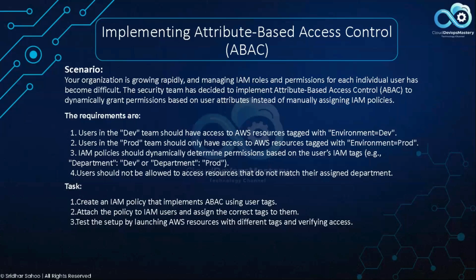But if it is a mid-range or enterprise-level environment, we always have to configure attribute-based access control for the respective users. What are we going to do? Let's say out of 100 users there are three departments: production, development, and testing. We configure attributes for the resource and for the user.